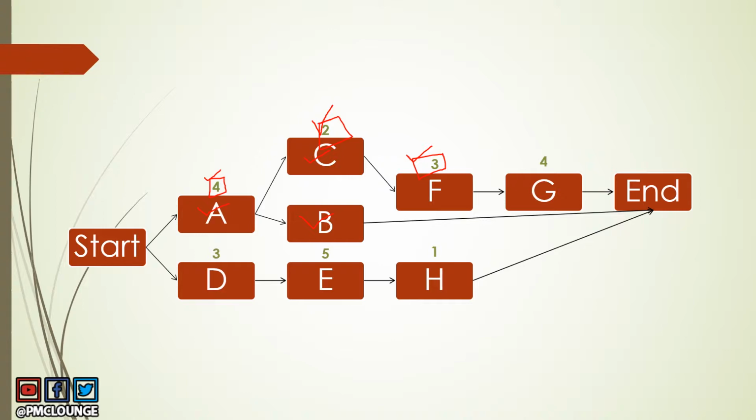We talked about how to calculate critical path. We then talked about how to calculate early start, early finish, late start, late finish, and float. And in all those network diagram examples, these values of duration were always available. So the question that came in from Twitter was, how do you calculate these durations?